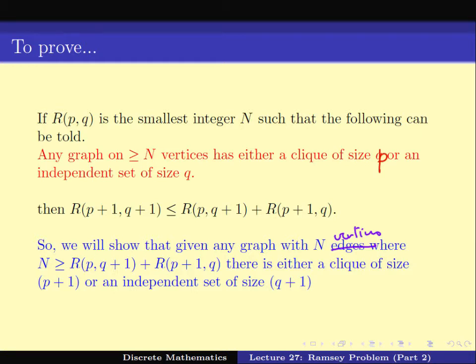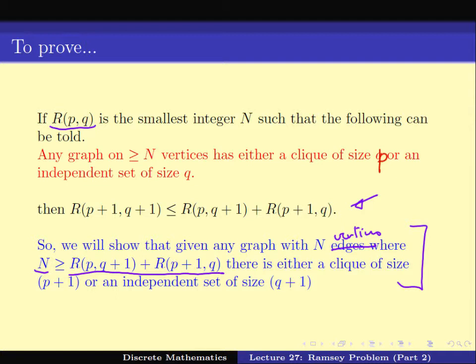Now why is this sufficient? So if we prove this statement, what do we end up proving? We're proving that the smallest n, R(P+1,Q+1), is less than or equal to R(P,Q+1) plus R(P+1,Q), which is exactly what we have to prove.